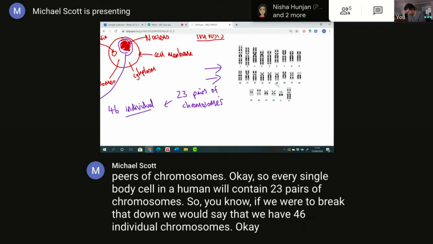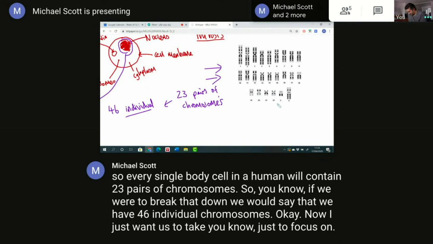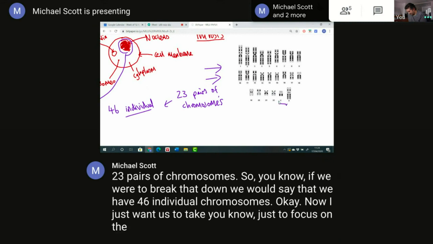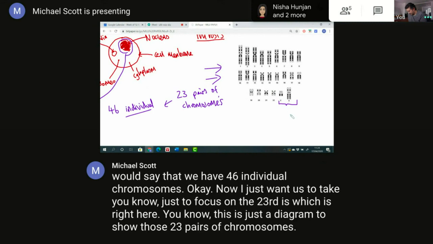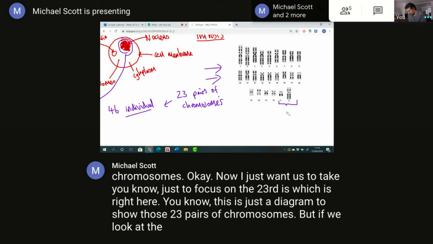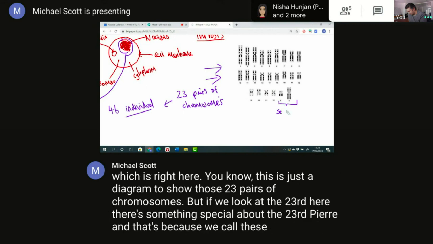Now, I just want us to focus on the 23rd pair, which is right here. This is just a diagram to show those 23 pairs of chromosomes. There's something special about the 23rd pair, and that's because we call these the sex chromosomes.